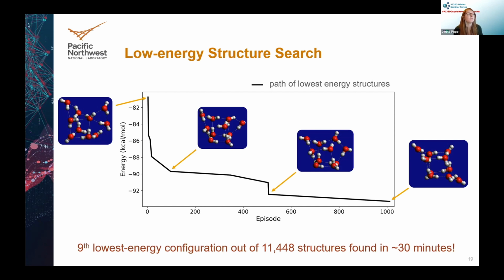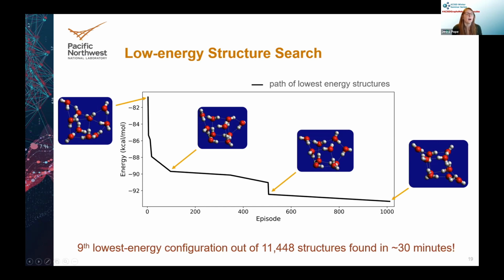After about 1,000 episodes, each with 10 moves each, we end up with the 9th lowest energy configuration out of over 11,000 intermediate structures. So it moved from this high energy, not very symmetric structure pretty quickly all the way down to this more symmetric, lower energy structure.